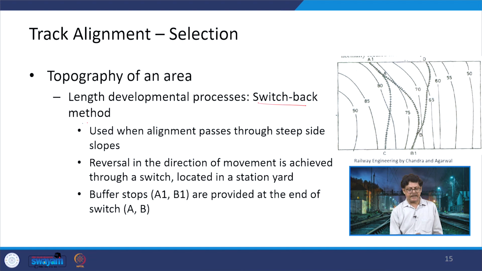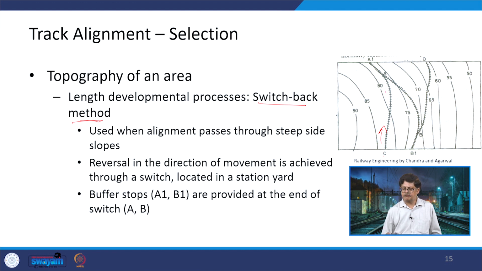Another is a switchback method. Now, when we are going into a terrain where the elevation needs to be crossed in smaller distances, then probably we have to go for it. What we are doing is that, say we are starting from the point C, we are going along.